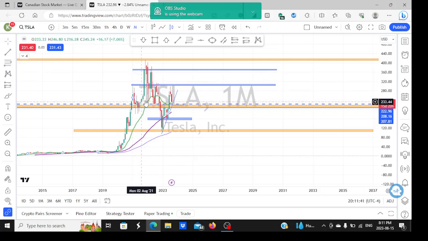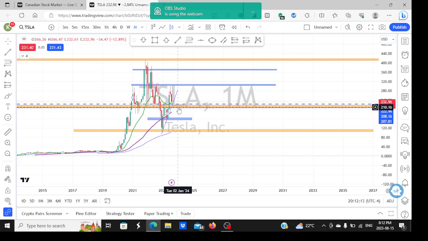So there's a key level right here where the stock turned around and continued up. And then it also came down here and reacted to that zone. So it touched this zone twice already.